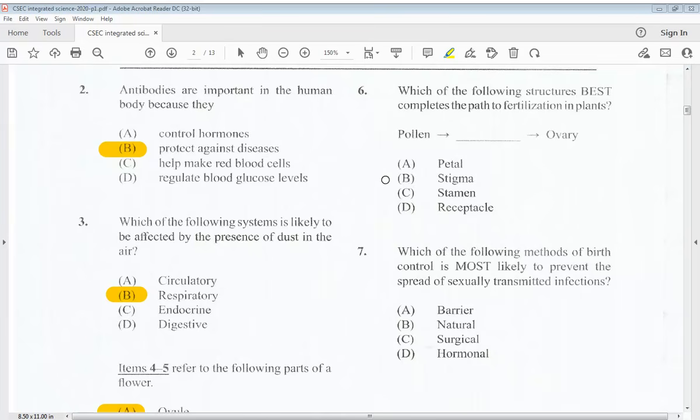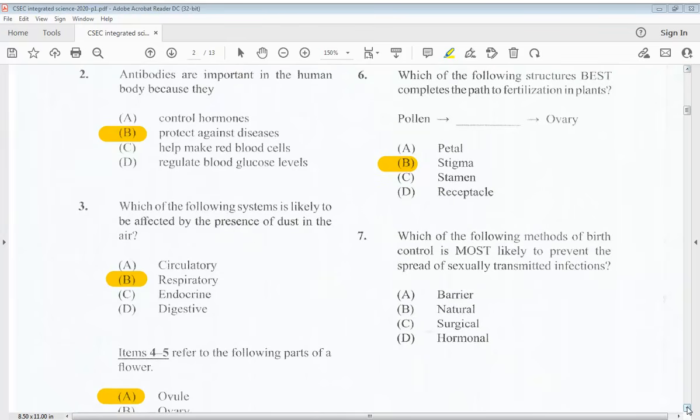The answer for question 6 is B. Let's go to number 7. Notice the word most in all caps. So that would be A for 7.